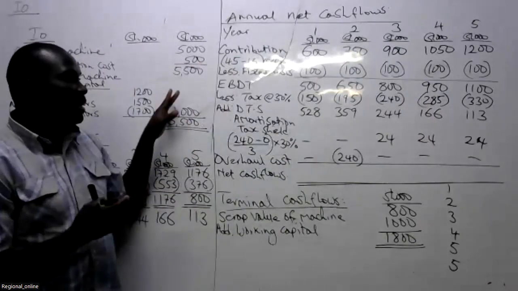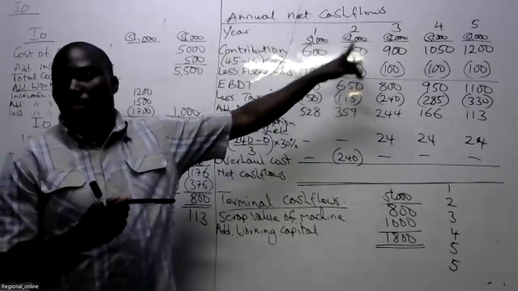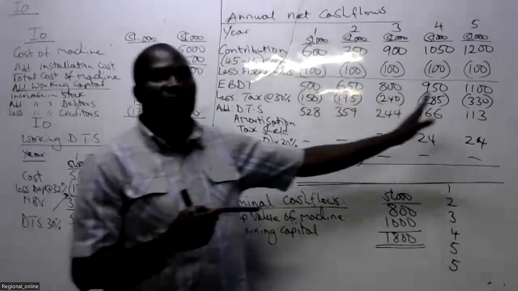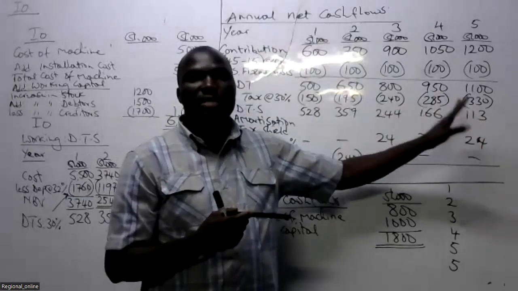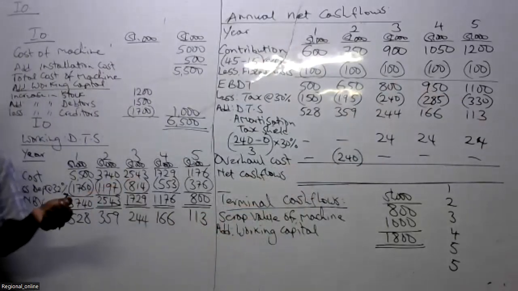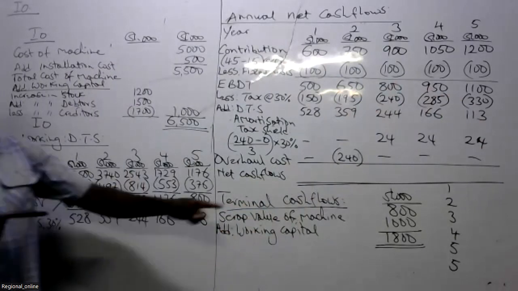So the 1,000 that I have shall be there in year 1. I'll also need it in year 2, so I'll maintain the same level of working capital from year 1 to year 5. After 5 years, because I'll not be there in year 6, whatever I would have spent to buy the stock, I sell it. So that's why it's a plus.